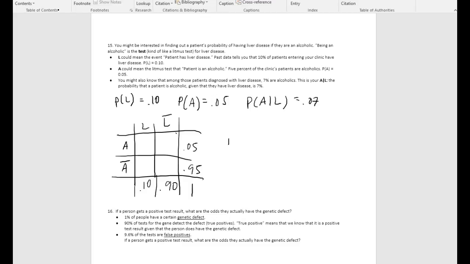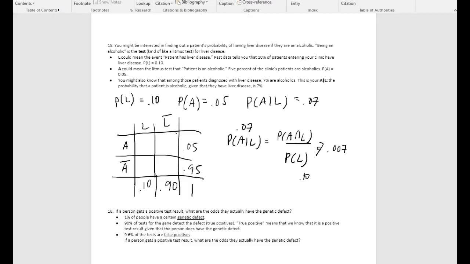So we use the conditional to come up with an intersection, right? And then we use what we have. So we have 0.10 for that. We have 0.07 for that. We multiply these together to get the intersection. So we get 0.007 for that intersection.